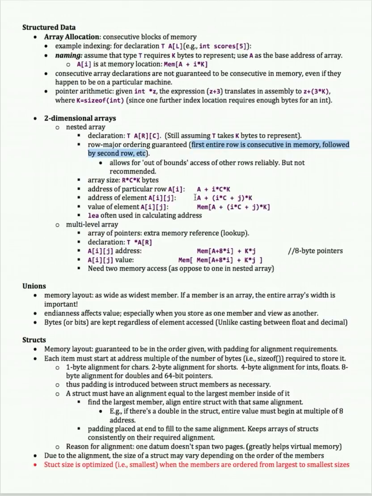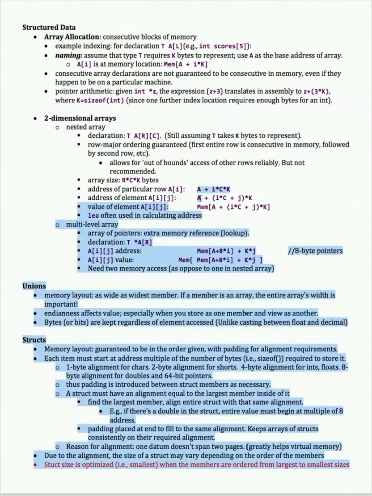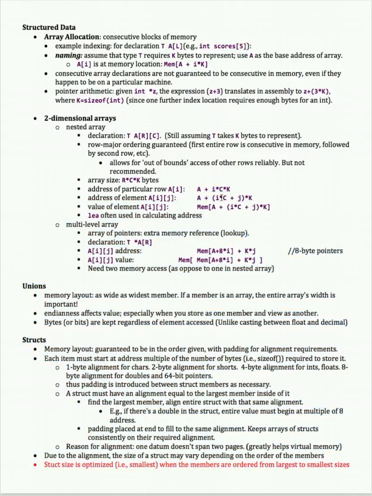What this means is that in order to access the element or member in the ith row and jth column, this is what we need to do.